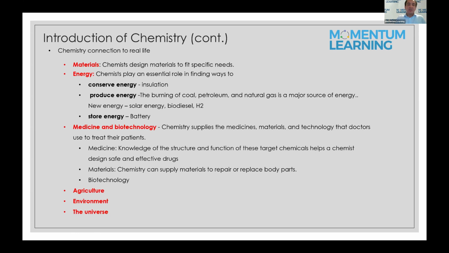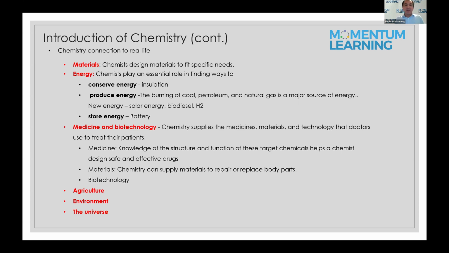You might not get that material from nature immediately. You might not find one that is very lightweight and also very durable or hard. So you have to mix materials to get that property. Chemistry is doing that, chemists are doing that: mixing materials to design materials for specific needs.